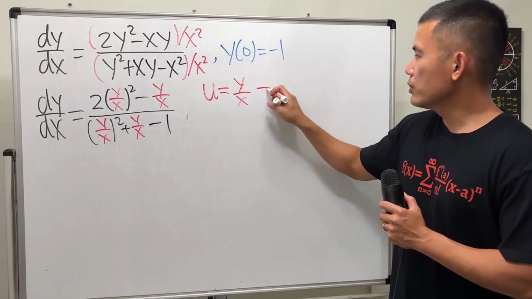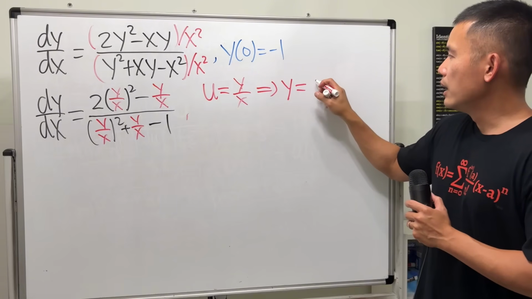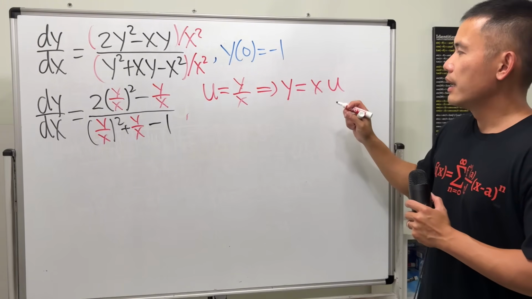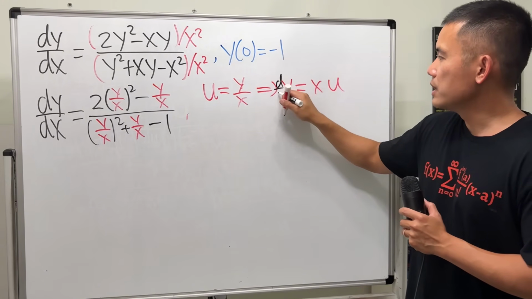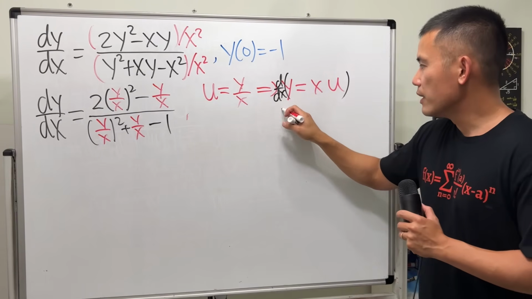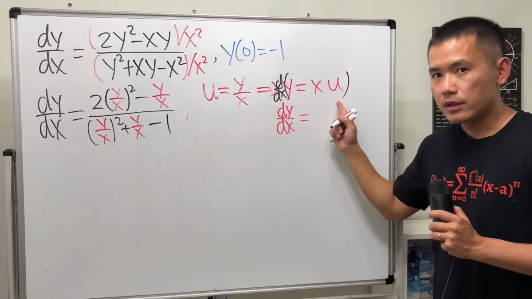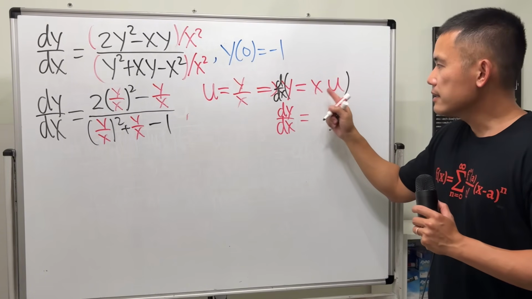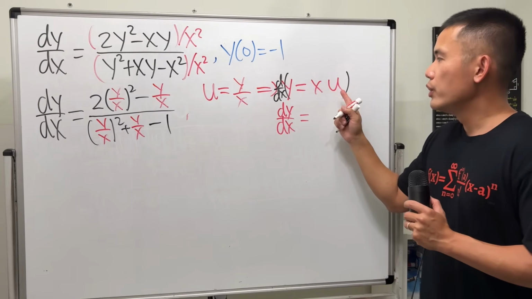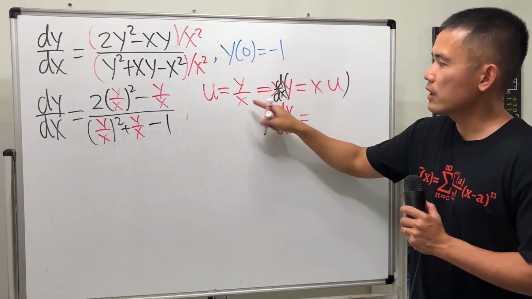So I'm just going to multiply both sides by x, so we get y is equal to x times u. And then we are going to take the derivative with respect to x. The left hand side will give us dy dx. And now on the right hand side, x is the independent variable, u is a function in terms of x, because u is equal to y over x.